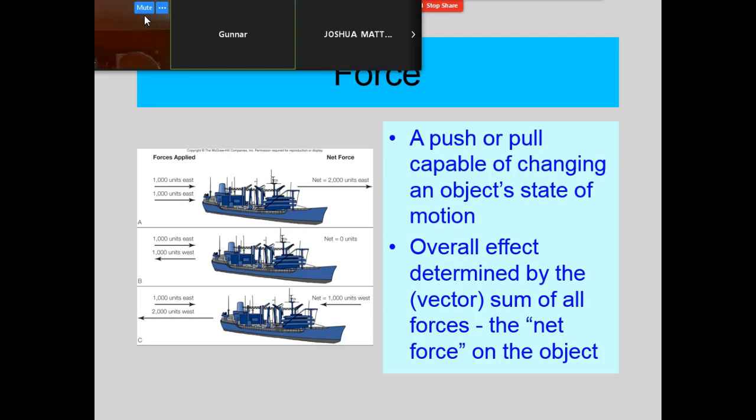But anyway, we're talking about forces, push or pull. This is on page 32 of your text, or 2-8. A push or a pull capable of changing an object's motion.